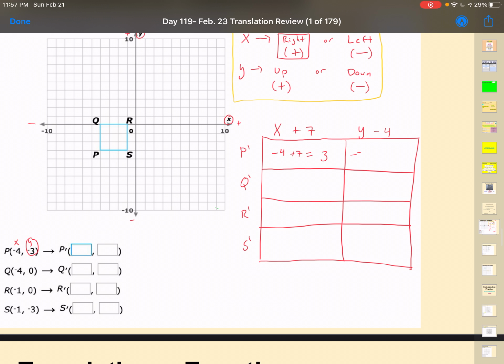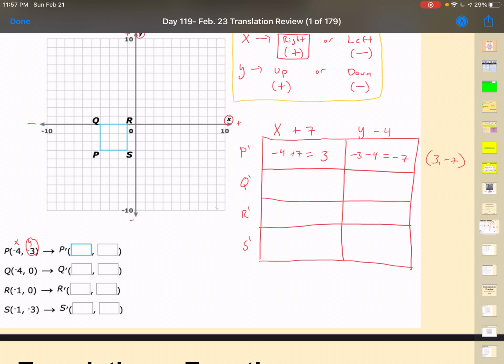Negative 3 minus 4 equals, with 2 negatives, remember, you keep the sign and add the numbers, negative 7. So P is going to be 3, negative 7 for P prime.